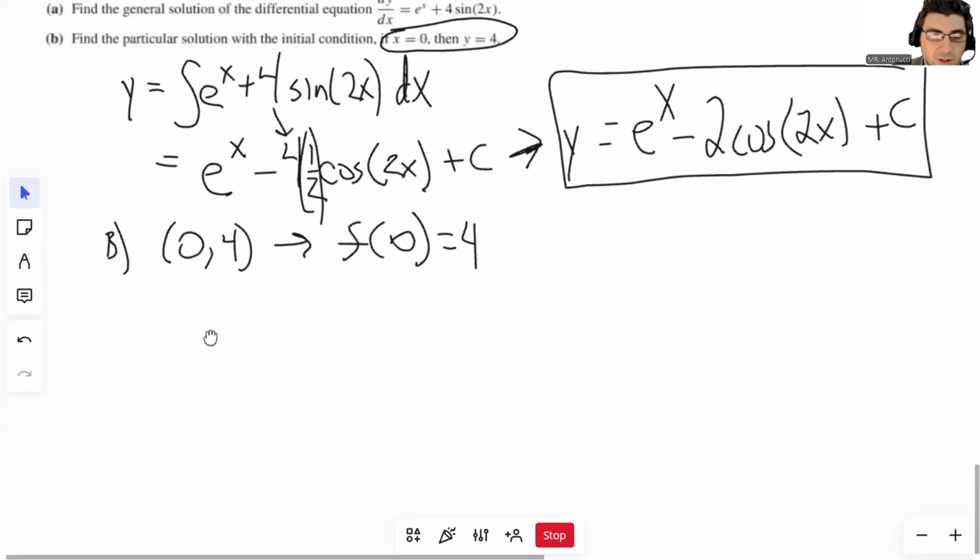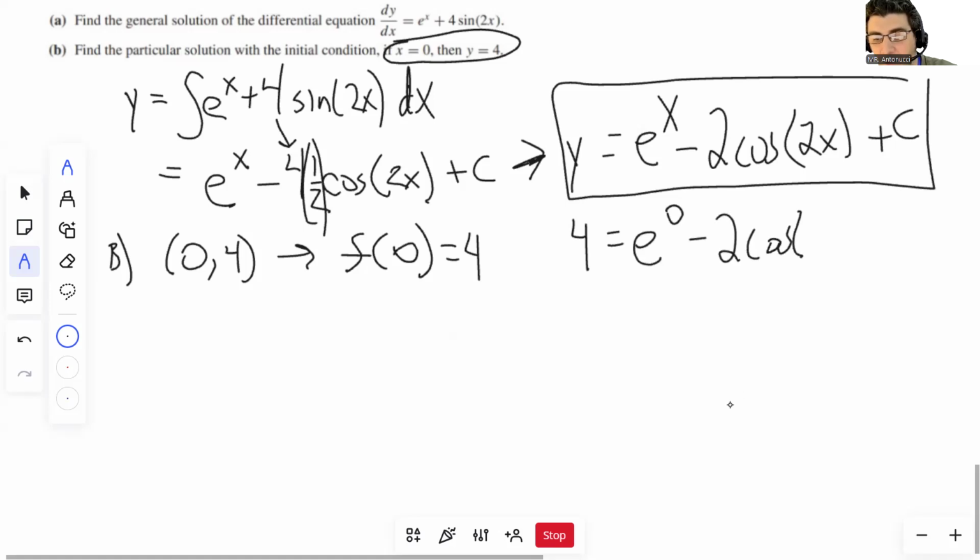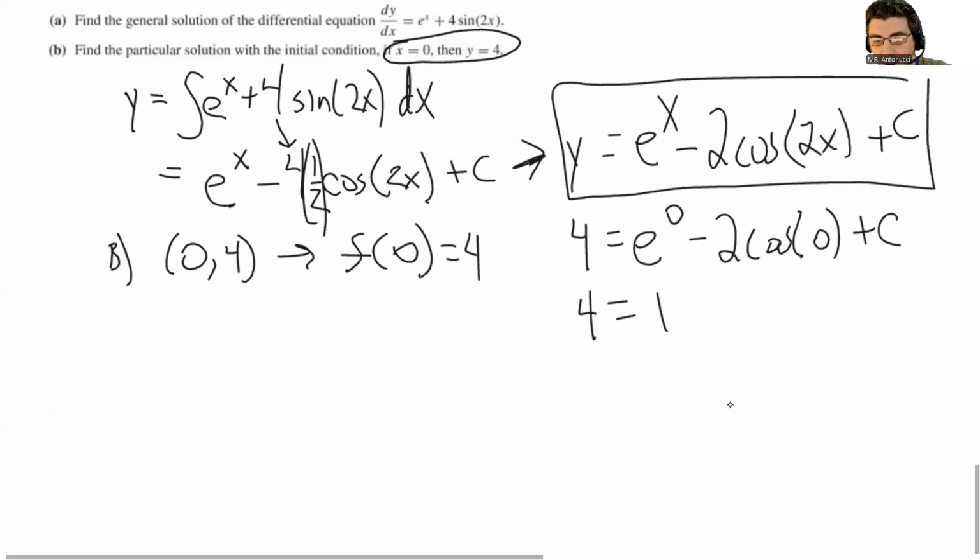And the same procedure is going to follow for figuring out this one. We're going to substitute 4 in for y and 0 in for x. So 4 equals e to the 0 minus 2 cosine of 2 times 0, which is cosine of 0, plus c. So 4 equals e to the 0 is 1. Be careful there. Lots of times students will make that just 0.